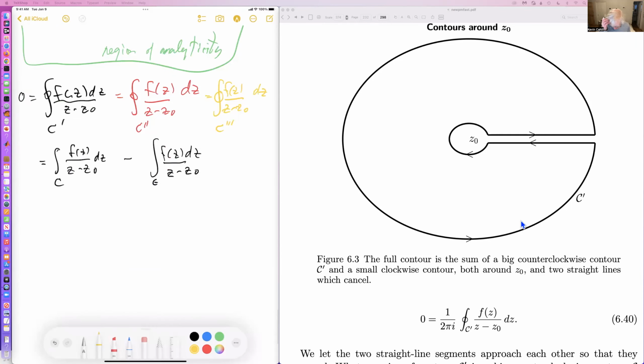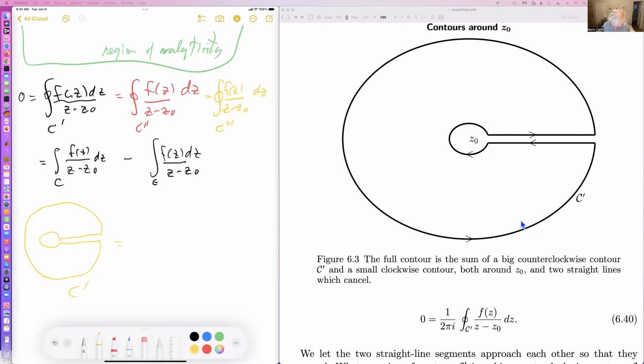So all right, let's try to look at this. The contour C prime is this. So that's C prime.